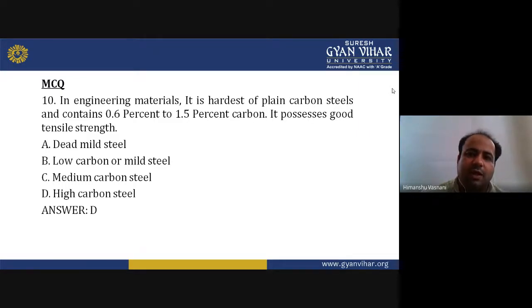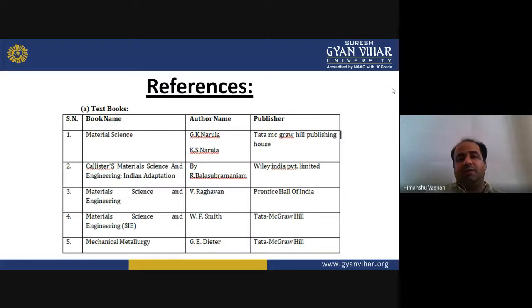As the name says, it is the hardest plain carbon steel. So the answer is D.